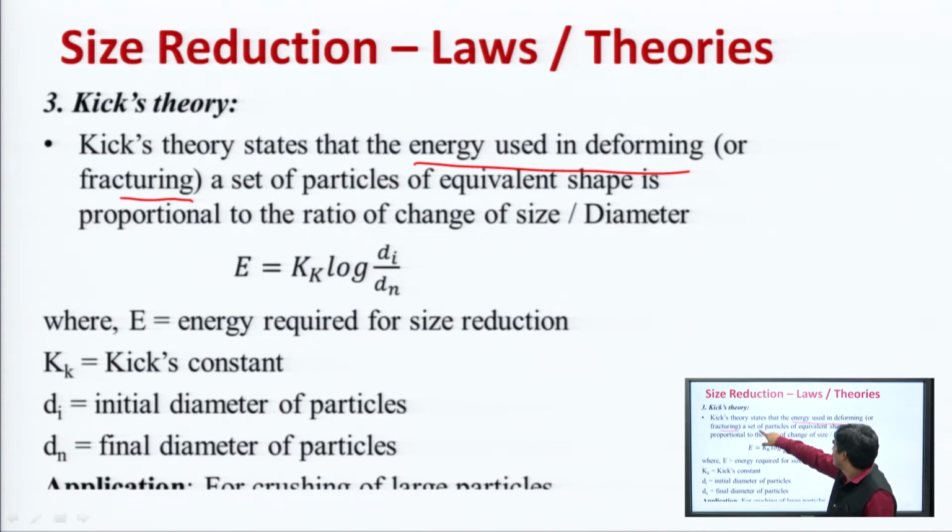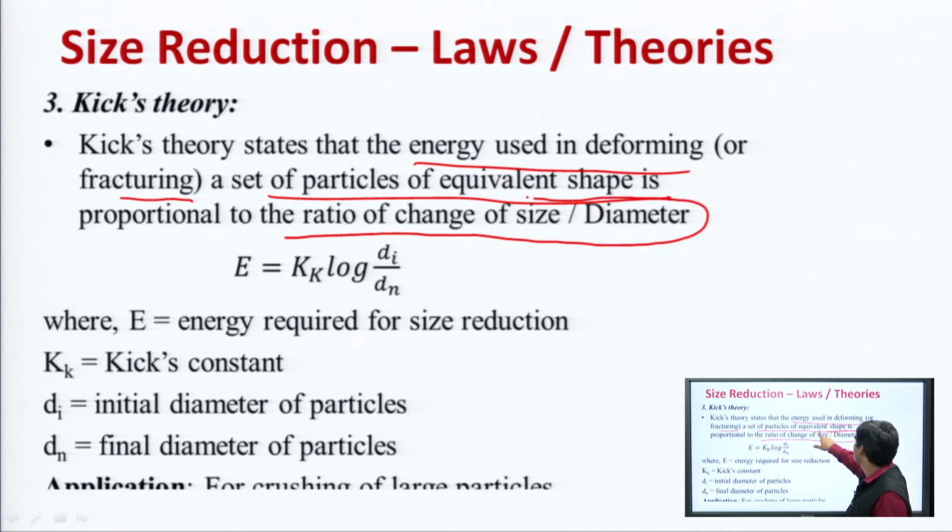So, di is the diameter of the initial particle, dn is the diameter of the final particle.